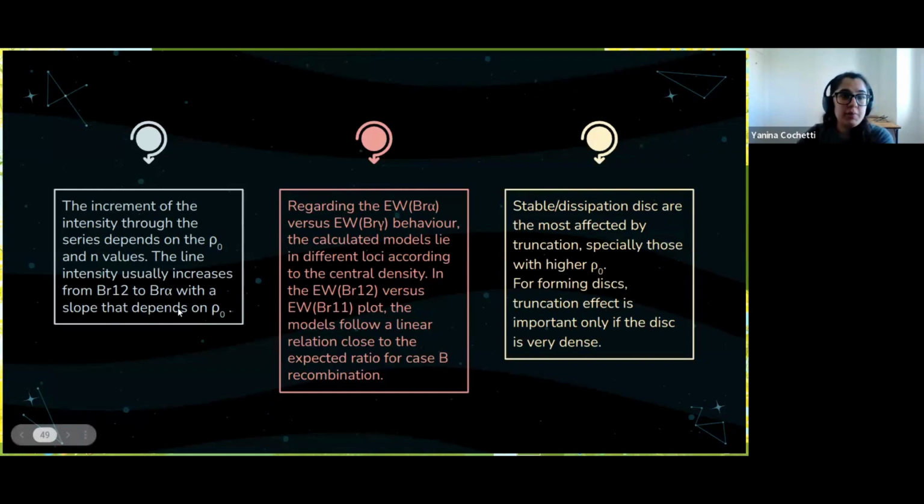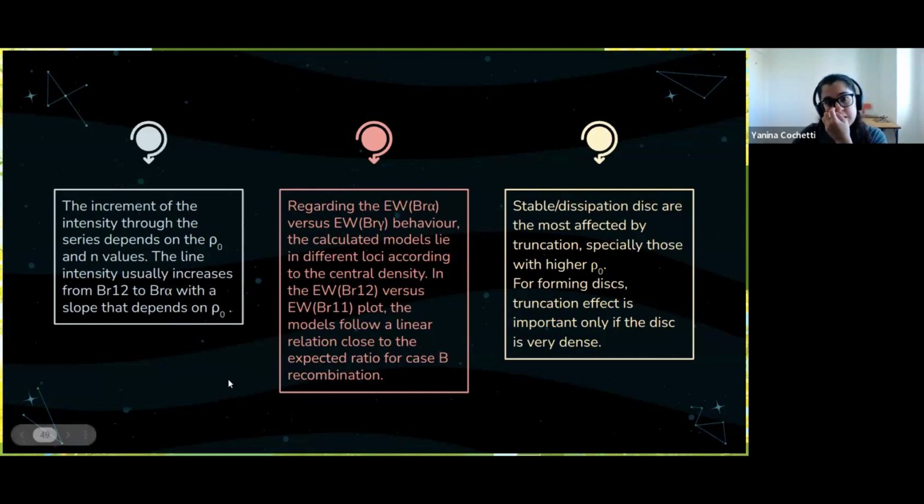So we saw that the increment of the intensity through the series depends on rho, the density, and the n values, the exponent. And the lines usually increase from Brackett 12 to Brackett gamma with a slope that depends on the density value.